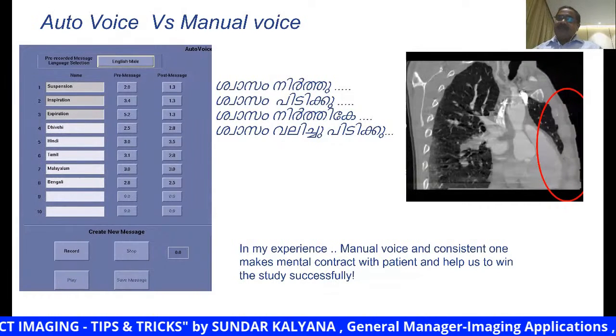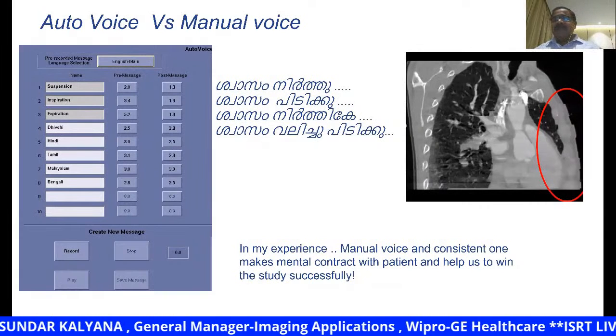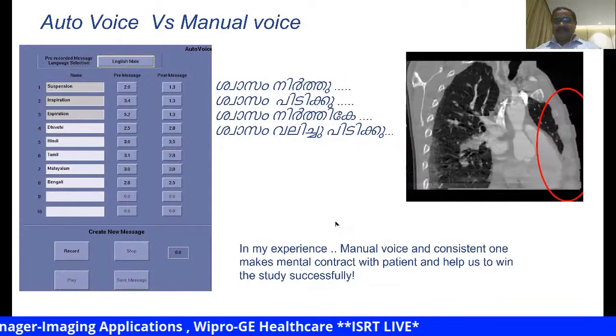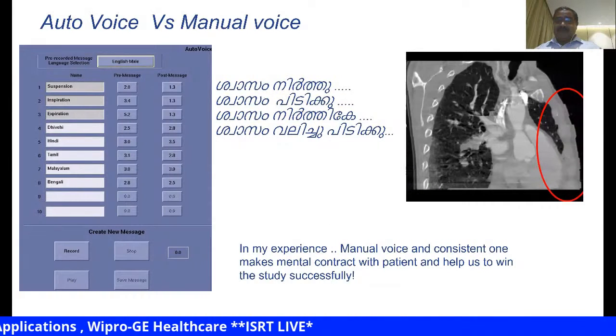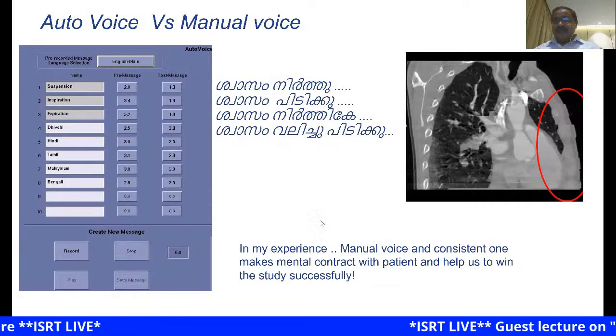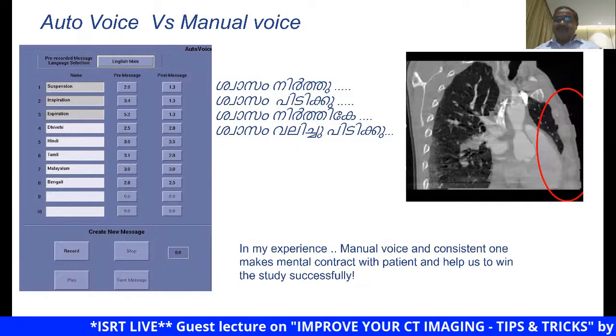Very interestingly, when you're doing any complex procedure or angiographies, what I have seen is that use of manual voice helps a lot. When you're putting the patient, you go inside the gantry room, put the patient on the table, talk to them, and instruct them how to hold the breath.